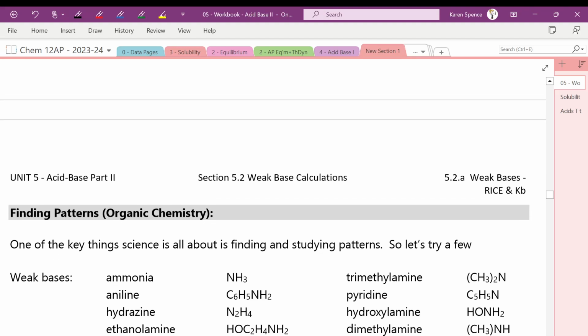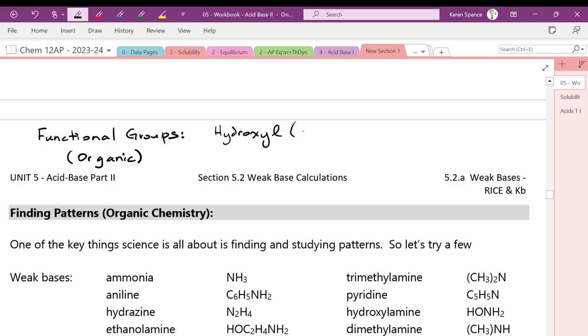Can you remember any functional groups? Hydroxyl.